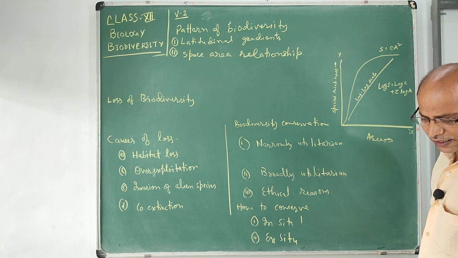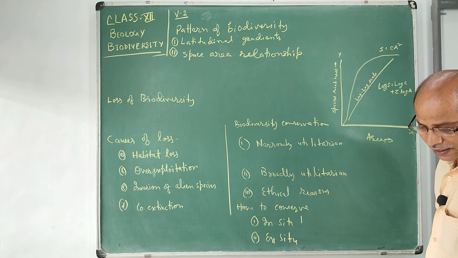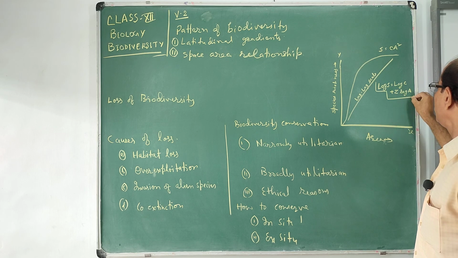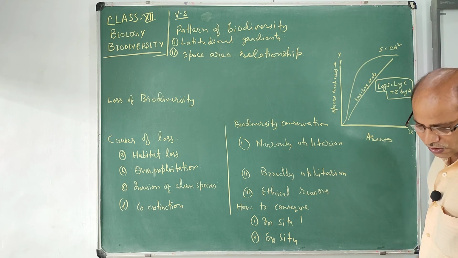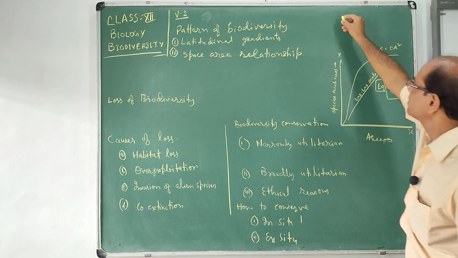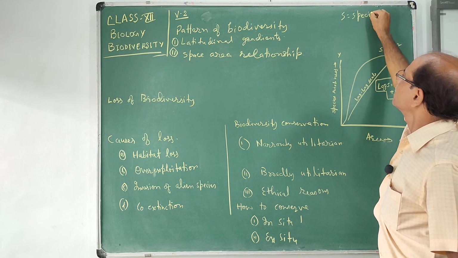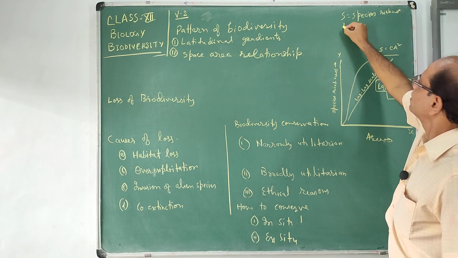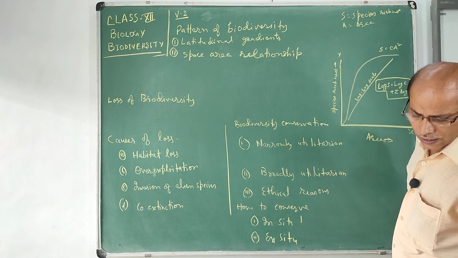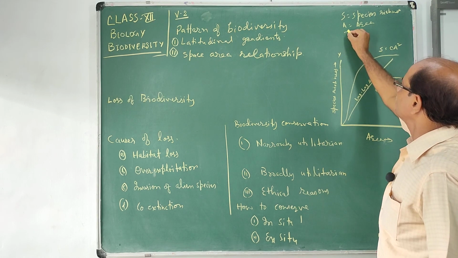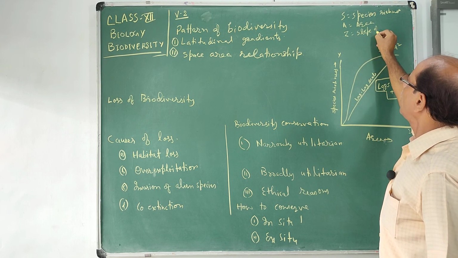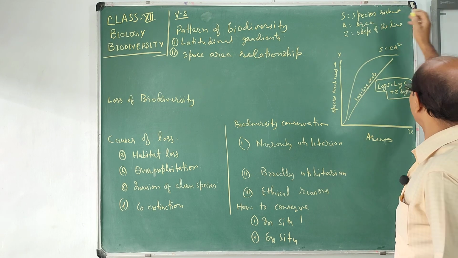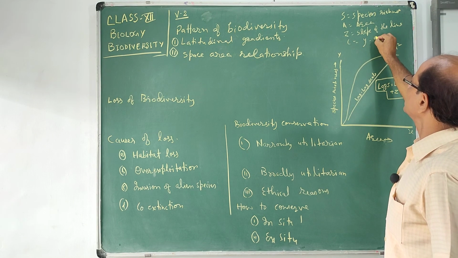On a logarithmic scale, the relationship is a straight line described by the following equation: log S equals log C plus Z log A. Here S is the species richness, A is the area, Z is the slope of the line, and C is the y-intercept.